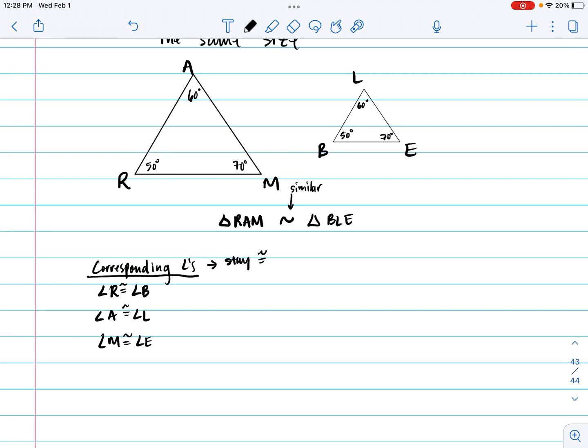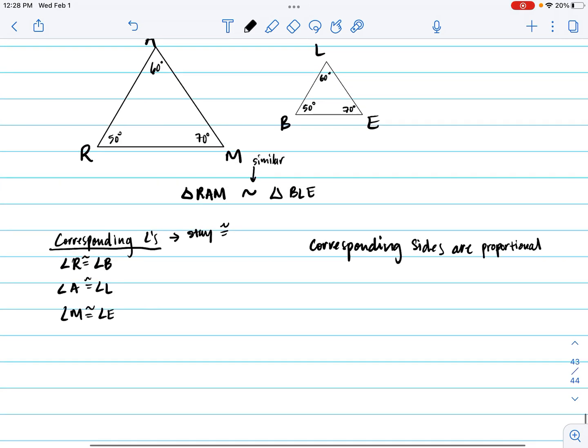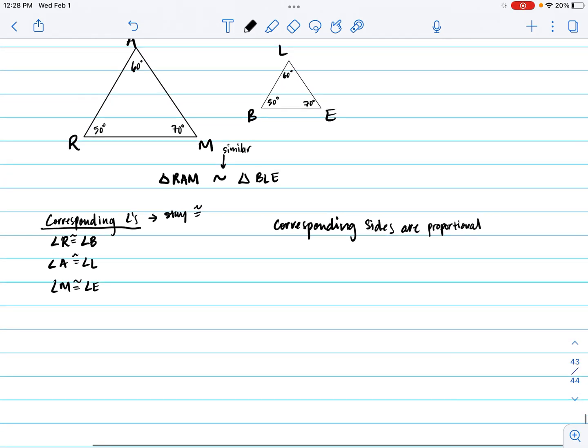The only thing that changes measure are the corresponding sides. So corresponding sides are proportional. And we'll talk about that later. Okay? Corresponding sides are proportional.